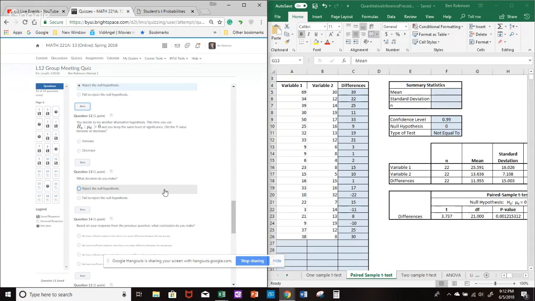Number 12, you decide to try another alternative hypothesis. This time you use hypothesis less than 0, and you keep the same level of significance. Did the p-value increase or decrease?